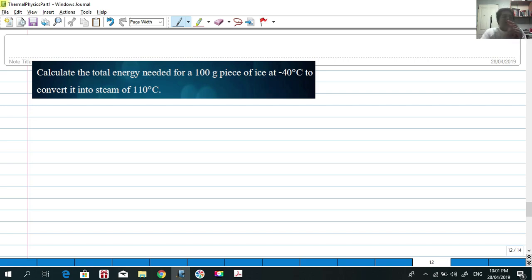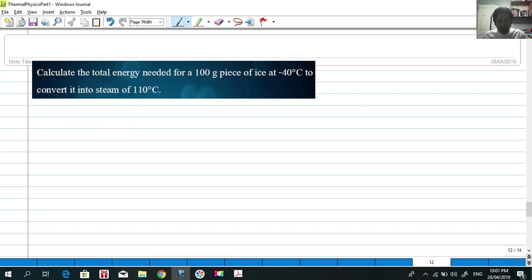You can see here, from ice to steam, so definitely there is a phase change. From ice to water, then from water to steam. Definitely we'll be using the latent heat of vaporization and the latent heat of fusion, from negative 40 degrees Celsius to steam of 110 degrees Celsius.